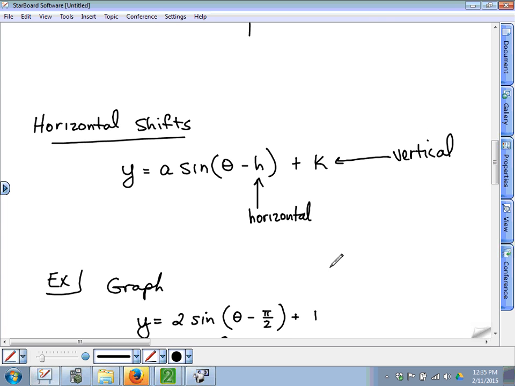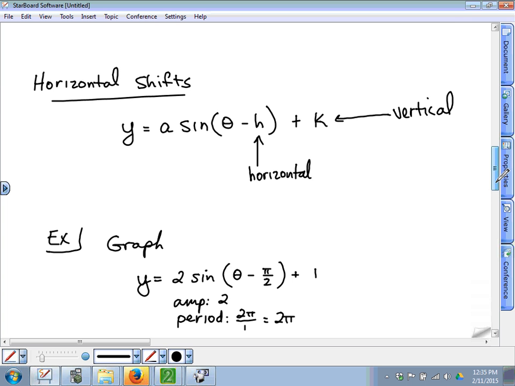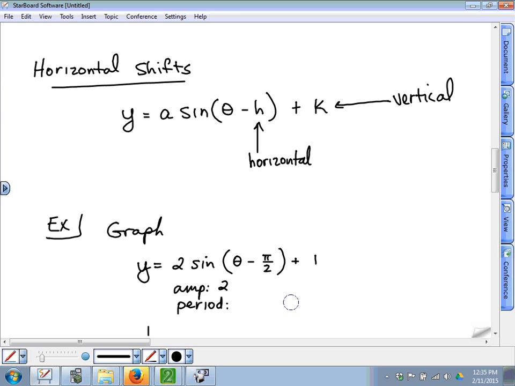So let's take a look here. Y equals 2 times the sine of theta minus pi halves plus 1. So it's same story. We still need the amplitude and the period. And you find them the same exact way.